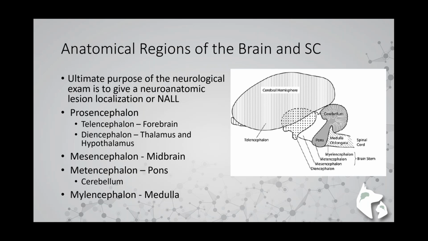And then we have the brain stem, the part of the brain going back towards the end of the skull before the spinal cord. So you have your mesencephalon, which is your midbrain, your metencephalon that includes both your pons and your cerebellum, and then you have your myelencephalon, otherwise known as the medulla.